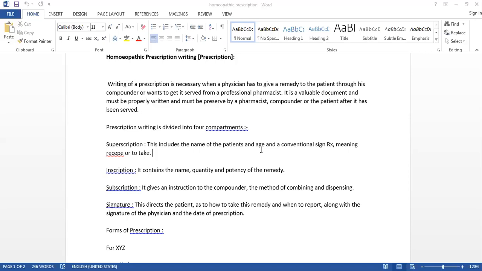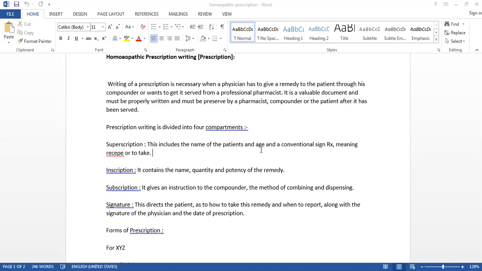But when you read in your book, it is mentioned that as the age increases, gradually the susceptibility decreases. So here they take the susceptibility towards the disease. So the susceptibility of children is more, and with the advancement of age it gradually decreases. So higher potencies are usually required in children and lower to medium potency in the aged individual.